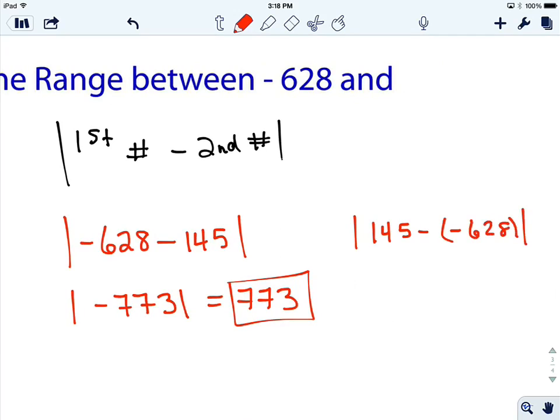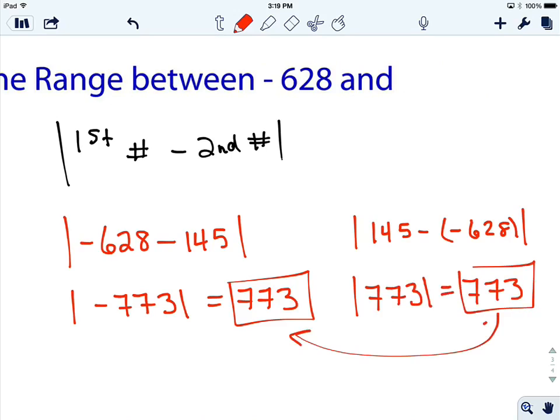Well, you'd still come out with the same answer. If you type that in your calculator, you're still going to get a positive 773 inside the absolute value, which still comes out to be the same answer, 773. So it really doesn't matter as long as you are subtracting both numbers, you'll get the range.